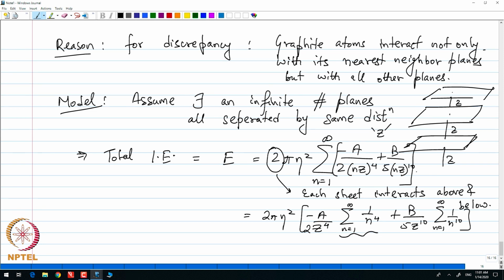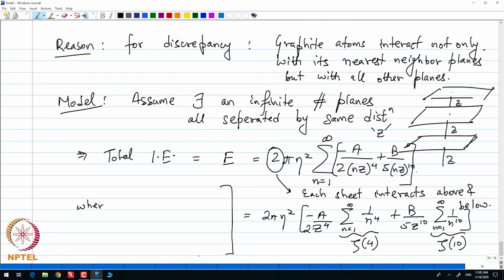Notice that this particular summation is the famous Riemann zeta function evaluated for 4, and the second summation is the zeta function evaluated at 10. Okay.